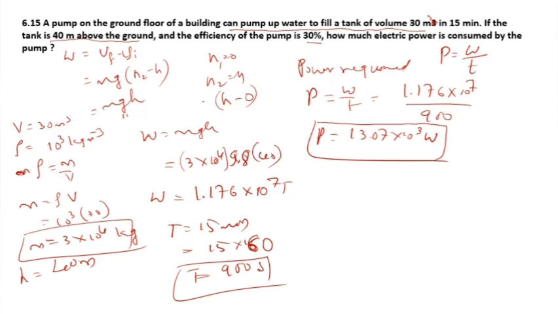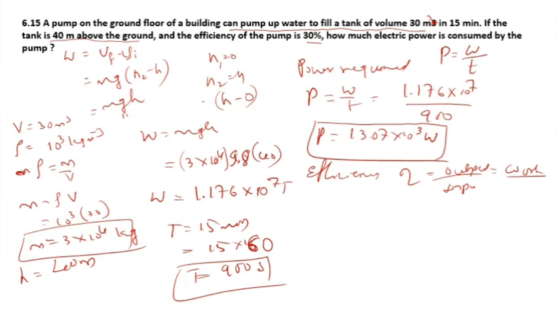Okay, so then the efficiency of the pump, which is indicated by eta, is equal to output divided by input. Output is the work done divided by the input.